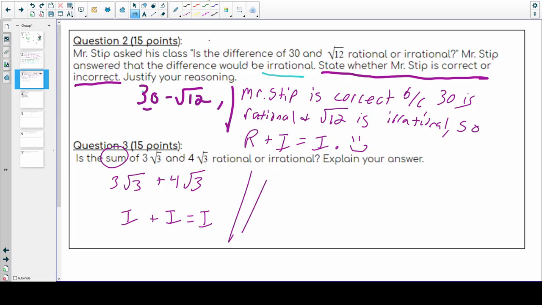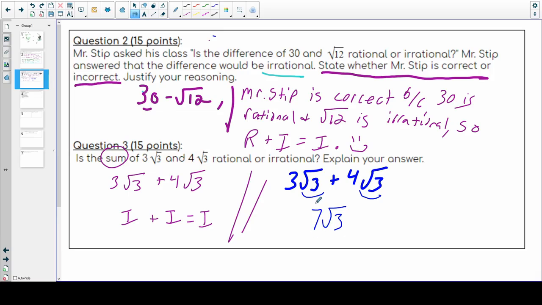Another way you could have done this is, well, 3 times the square root of 3 plus 4 times the square root of 3. If you remember any of your radical tricks, because these are the same radical, it's like saying I have 3 apples plus 4 apples. How many apples do I have altogether? 7 apples, but my apples are the square root of 3. So the same thing here.